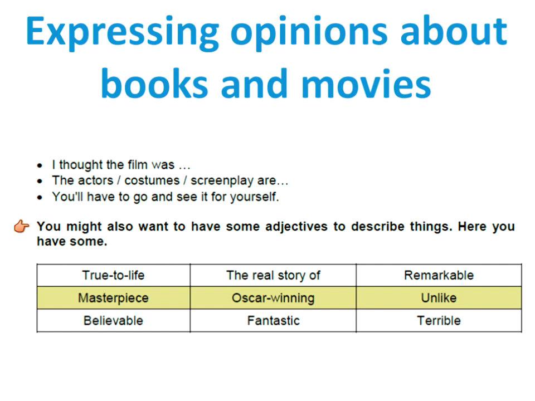And also, you might want to have some adjectives to describe things. Here you have some: true to life, masterpiece, believable, the real story of, Oscar-winning, fantastic, remarkable, unlike, and terrible.